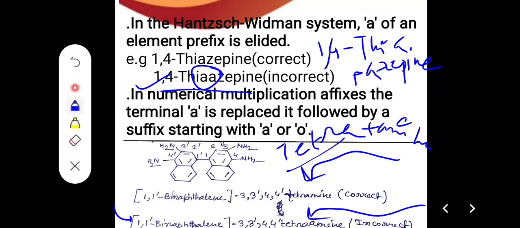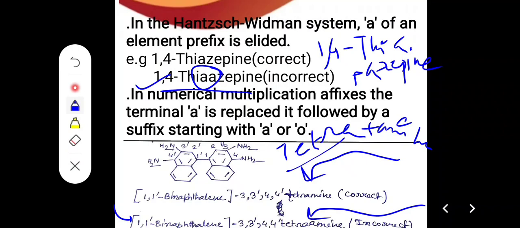When they combine, tetra loses or sacrifices its A due to the presence of the A as the first letter of amine. As amine approaches tetra and they combine to produce tetraamine, tetra sacrifices or loses its A.